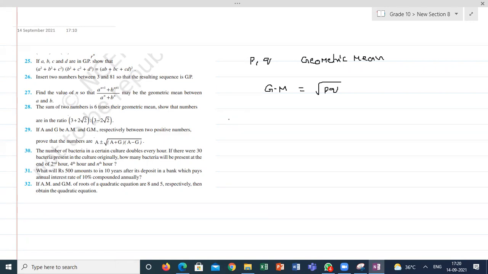So here they gave the two numbers. GM of a comma b is equal to root of ab. And he's saying find the n value so that this is the geometric mean of a comma b. So a power n plus 1 plus b power n plus 1 divided by a power n plus b power n should be equal to root of ab.